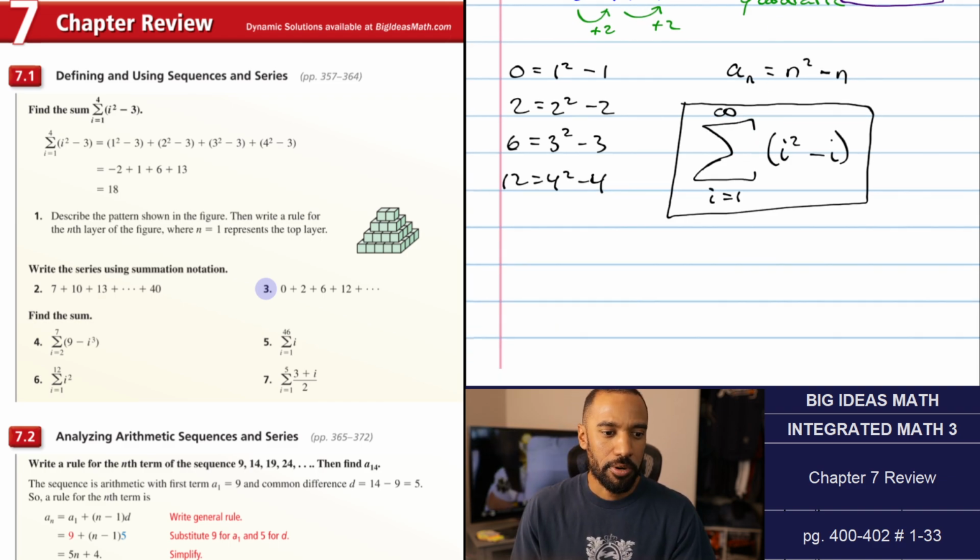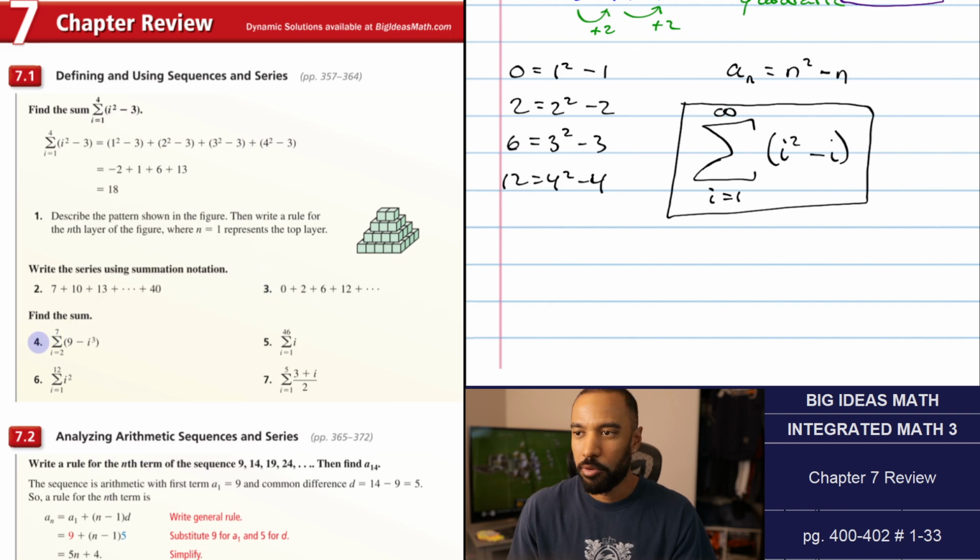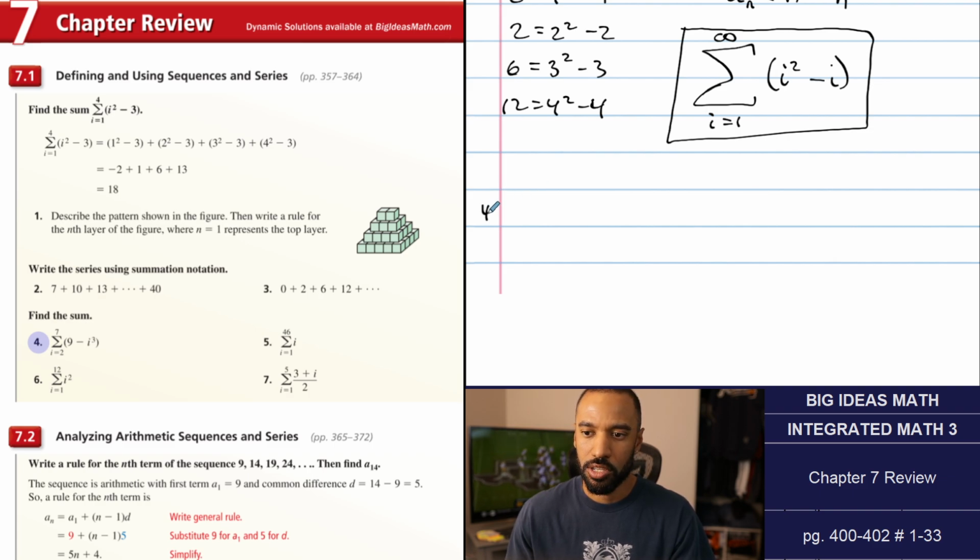Okay, numbers 4 through 7, we are finding the sum. Now, number 4 has no real basis for some smaller formula we can use to simplify what we're doing here, but we are trying to find the sum of these terms. We're going from term 2 to 7.